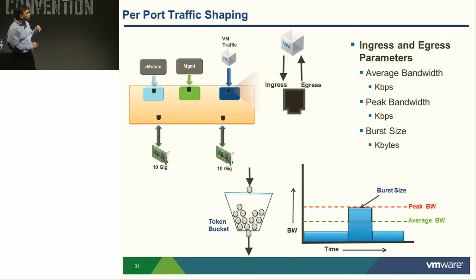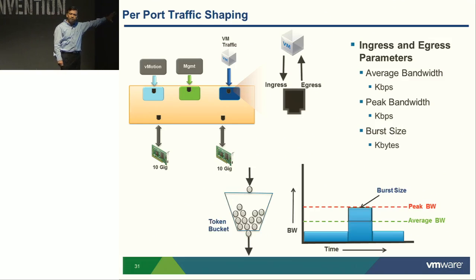So just an example here. We have a token bucket kind of architecture here, where you configure your average bandwidth, which is this green line here. If you see the initial time, this virtual machine is sending less than average traffic.